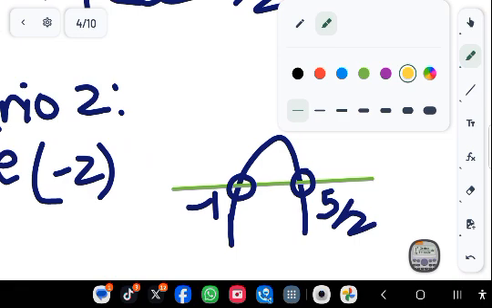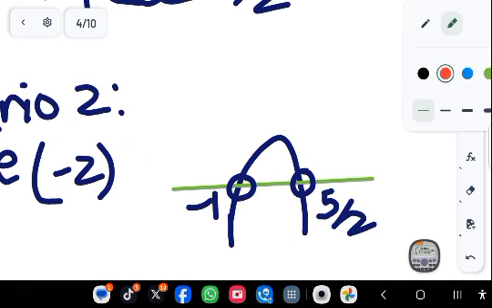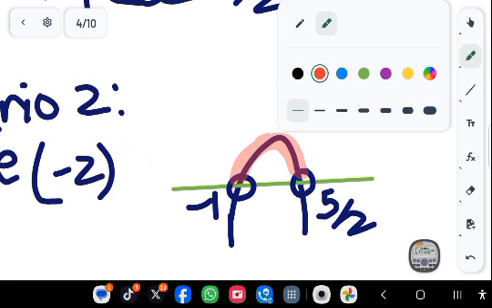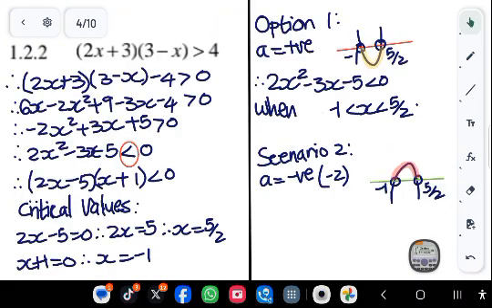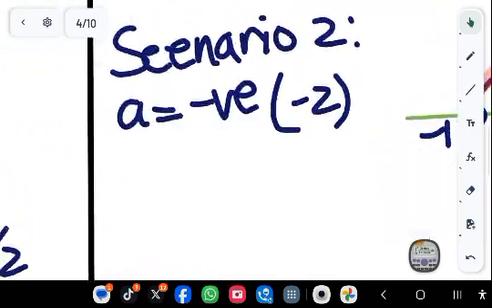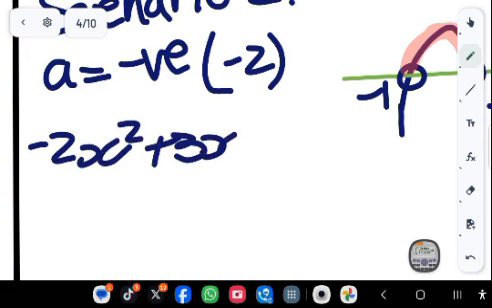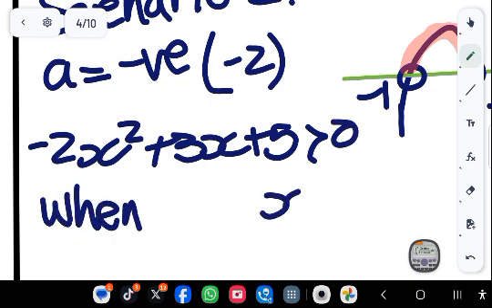Okay, let's change color to red. Here, minus 2x squared plus 3x plus 5 is greater than 0 when x is between the endpoints.